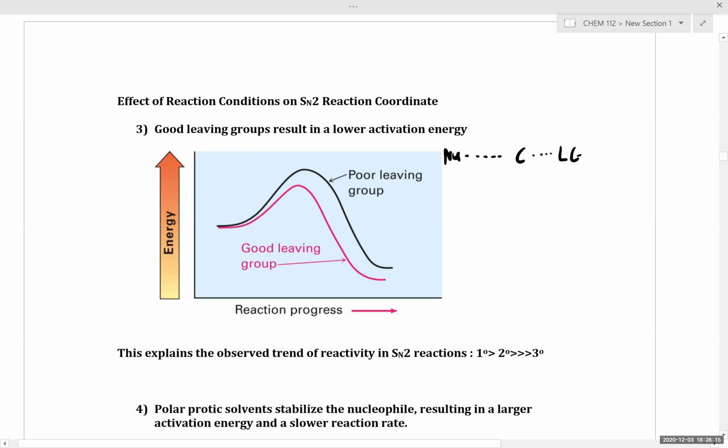It's easier for you to kick out your leaving group. And if we think a little bit about this exergonic reaction, what does our transition state typically resemble in an exergonic reaction? So for our exergonic reaction, does our transition state typically resemble our reactants or products?